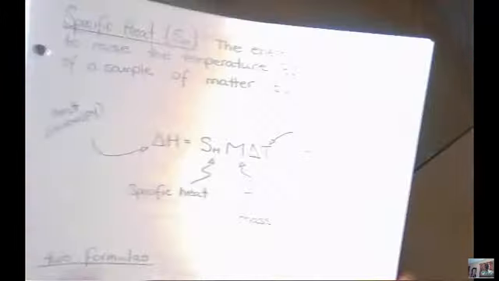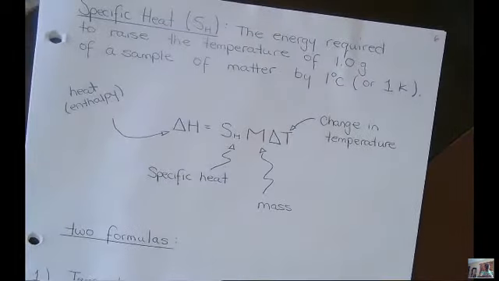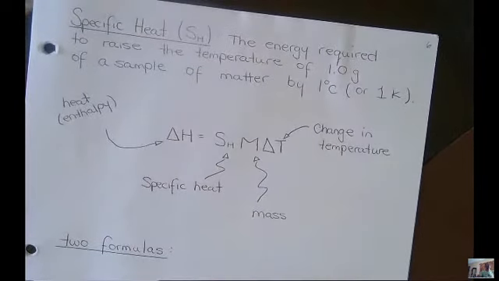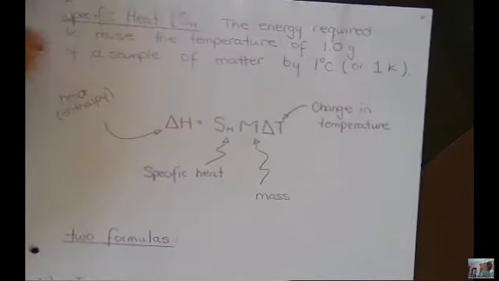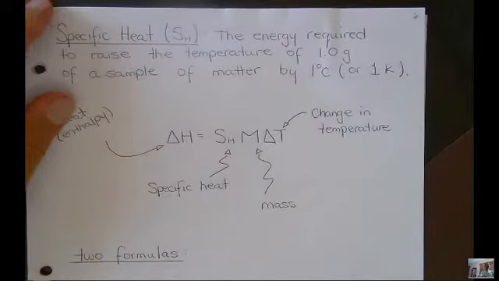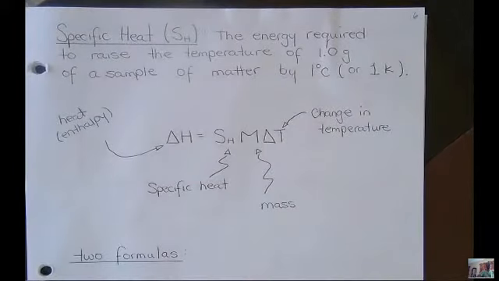Okay, next thing, hopefully a review from Chem 1, is what happens when you are not changing the phase. You're at a temperature where you're in one phase of a particular substance and you want to add heat to it. Well, then you need the specific heat formula, right?